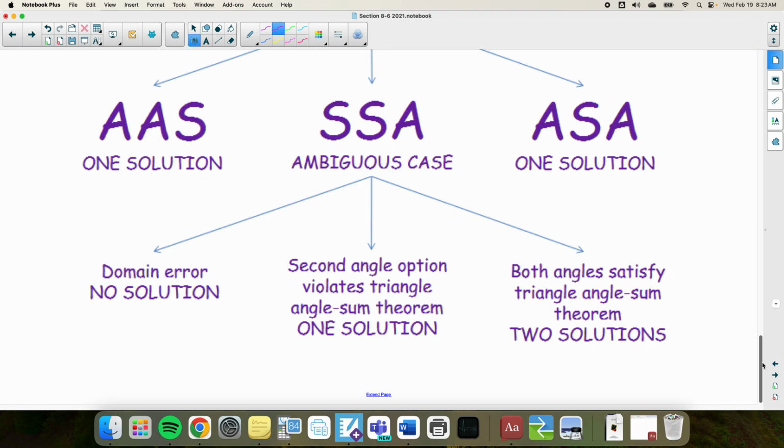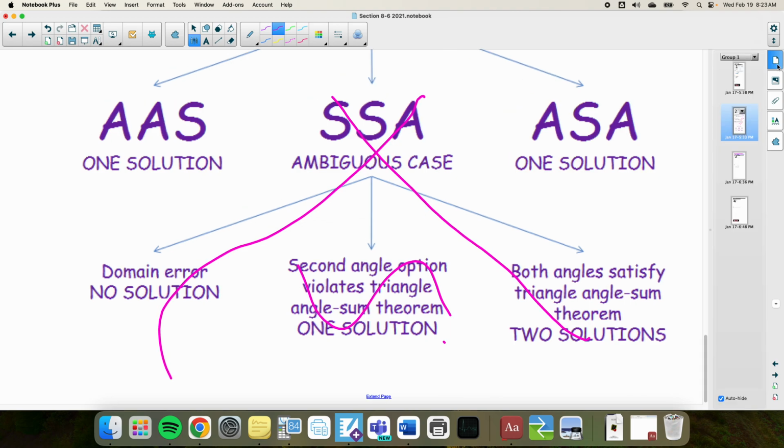So sometimes you'd get to a situation where you have no solution. Sometimes you'd have 1 solution, and sometimes you have 2 solutions. So because of that, I just skip this part, and then you will learn this when you do college trig. You'll do that triangle at that point, okay? So we're only doing angle, angle, side, angle, side, angle.